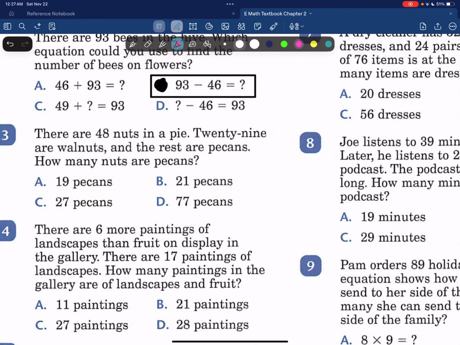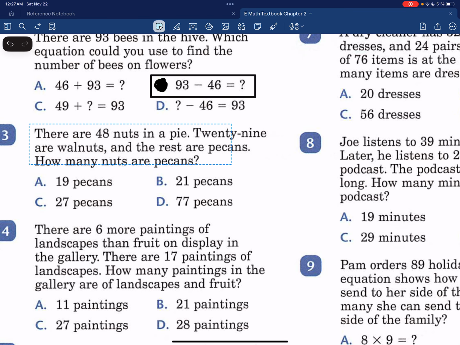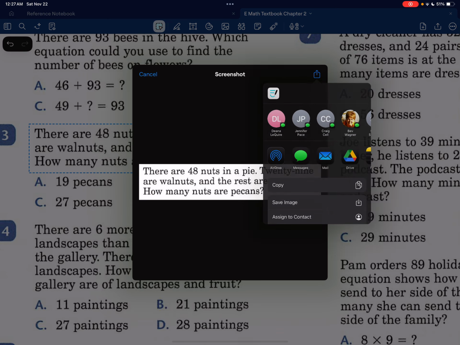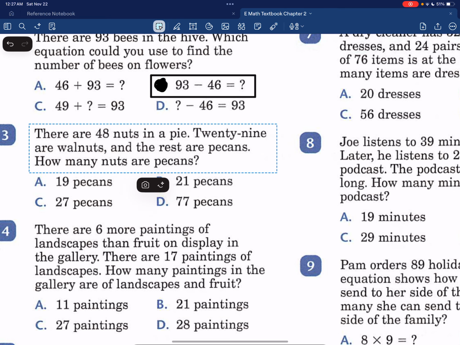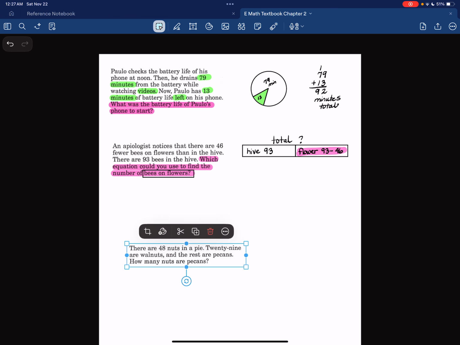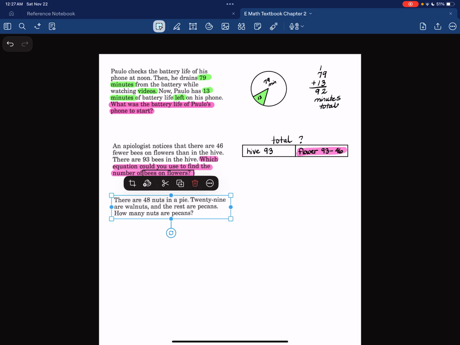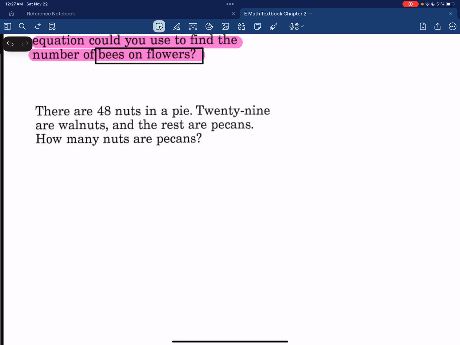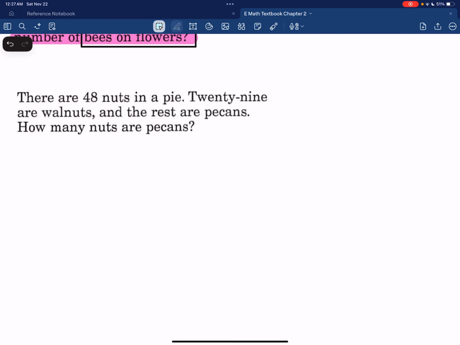Actually, I am going to do a bar model for this one. Not because I think we need it, but I think it's a good one to show us the concept of the bar model. So let me paste that one right here. We can highlight this one. It follows the pattern we've been watching.